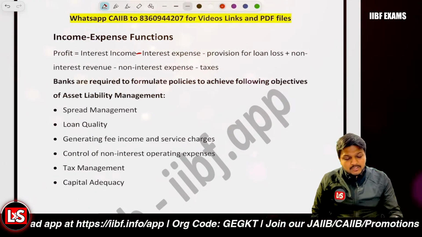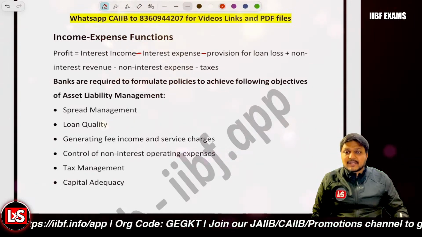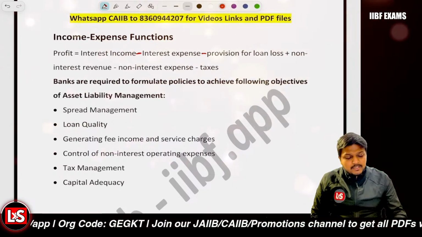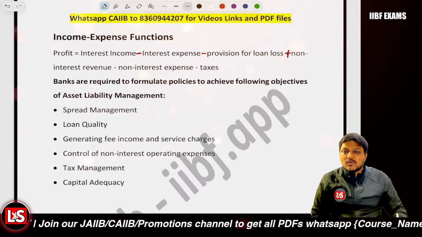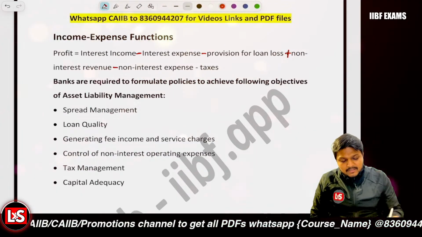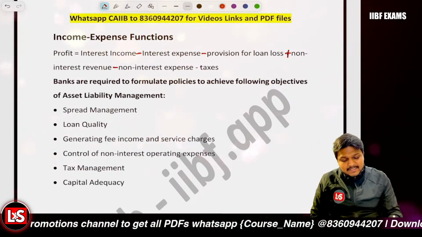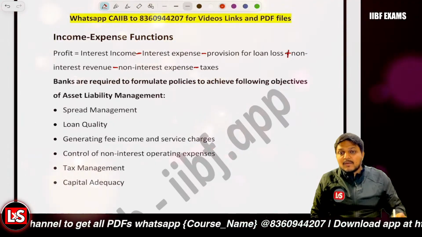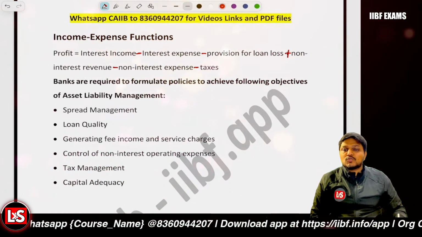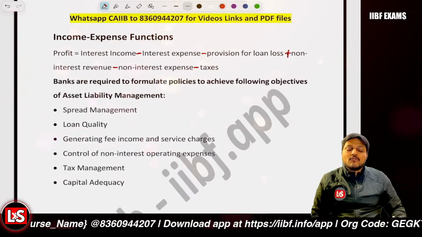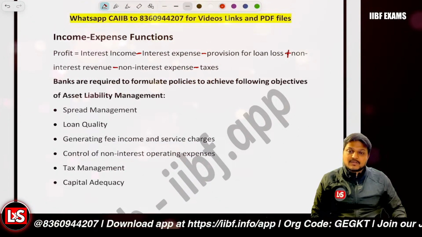The provision for loan loss is to be subtracted. Non-interest income is to be added. Non-interest expense is to be subtracted, and taxes are to be subtracted. That is your profit equation. So this reflects overall performance under the ALM framework.